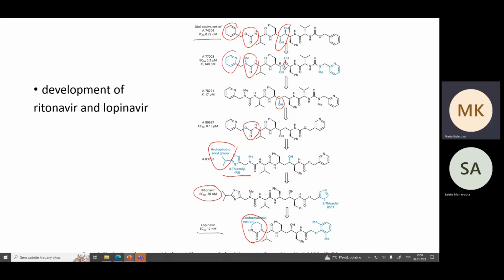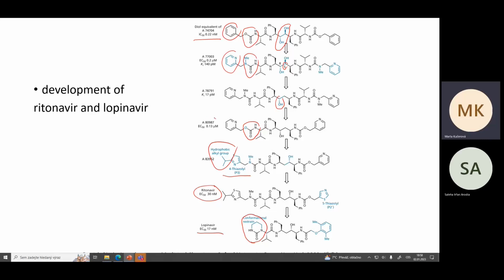So this is an example of structural optimization, and the scientists always took into consideration water solubility of the compound, plasma half-time of the compound, metabolic stability of the compound, and also the oral bioavailability.